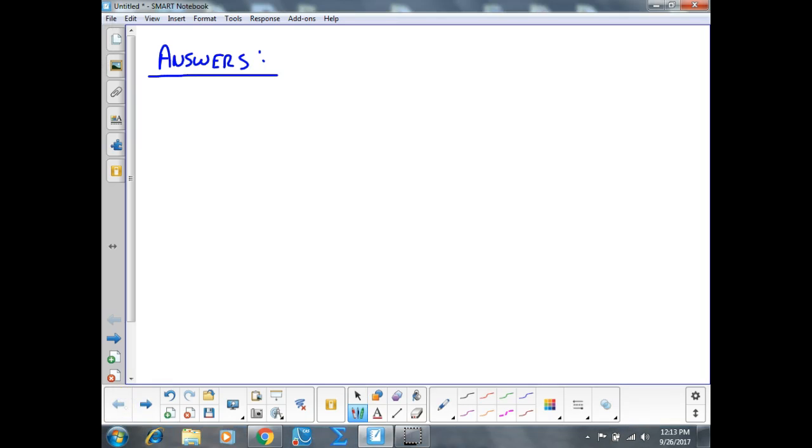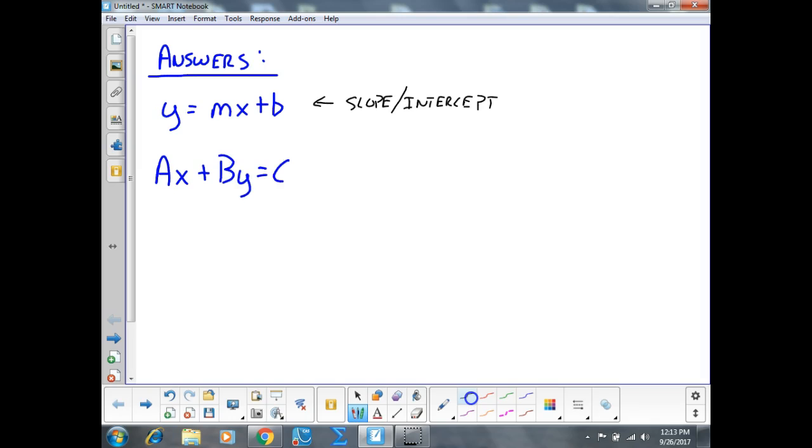You had y equals mx plus b, and that we called the slope intercept form. Okay. We also had ax plus by equals c, which is the standard form.